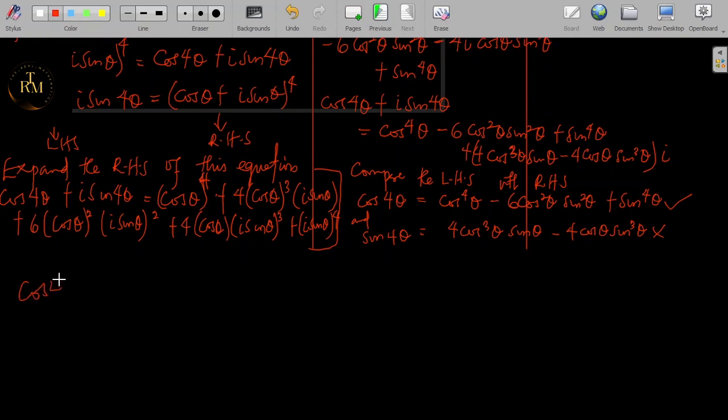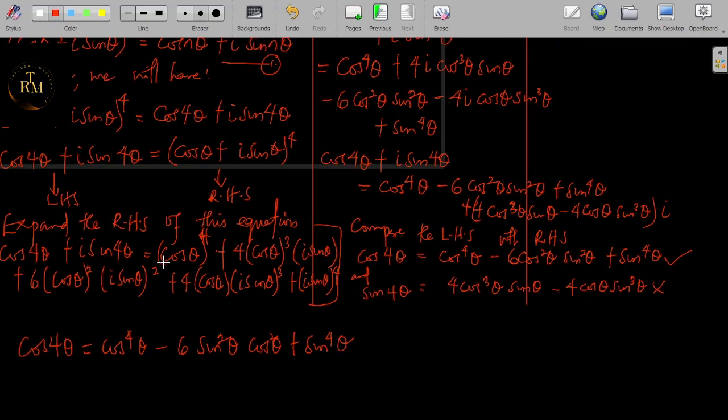So I'm going to have cos 4θ equals cos 4θ minus 6 sine squared theta cos squared theta plus sine 4θ.